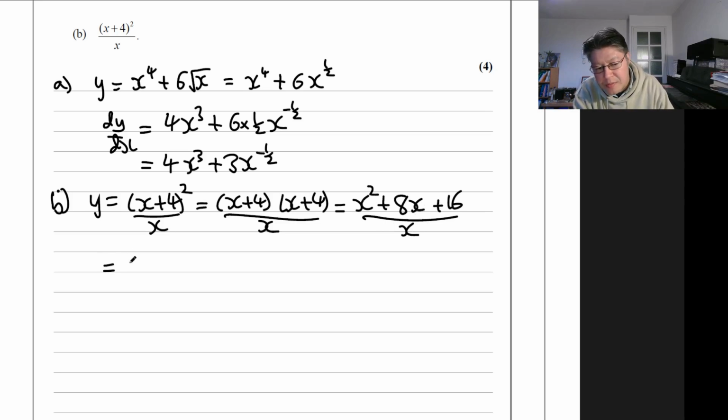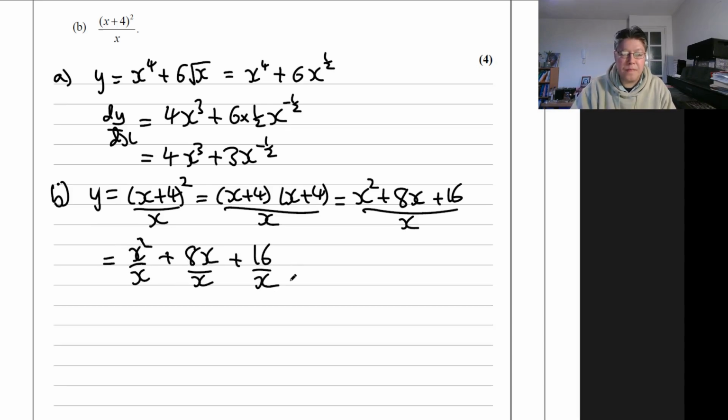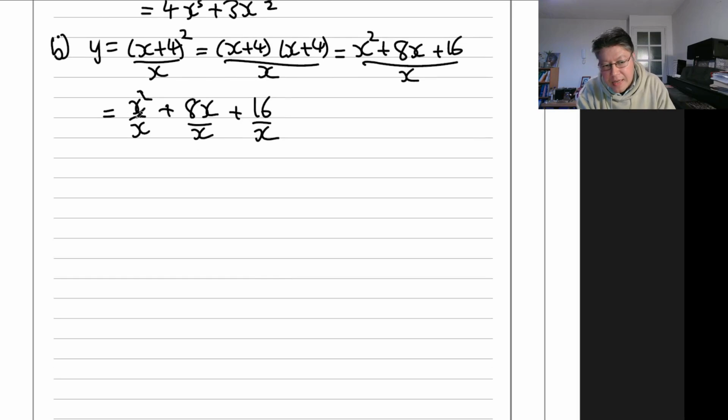So we'll first do the splitting. So you have x squared over x plus 8x over x plus 16 over x. And now we'll simplify this. That gives us x plus 8 plus 16x to the minus 1.